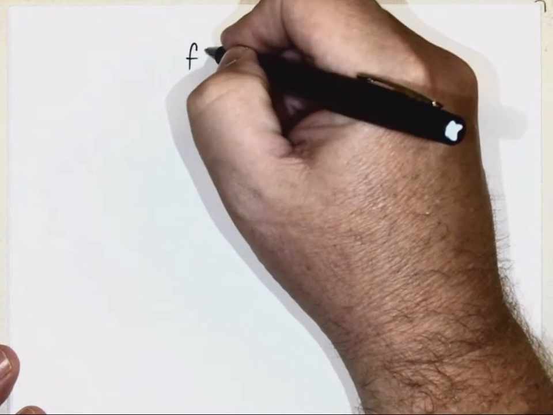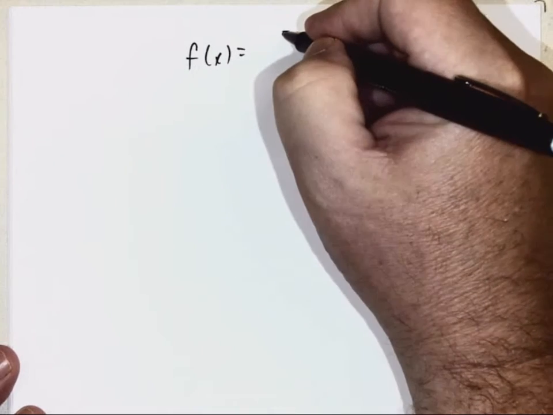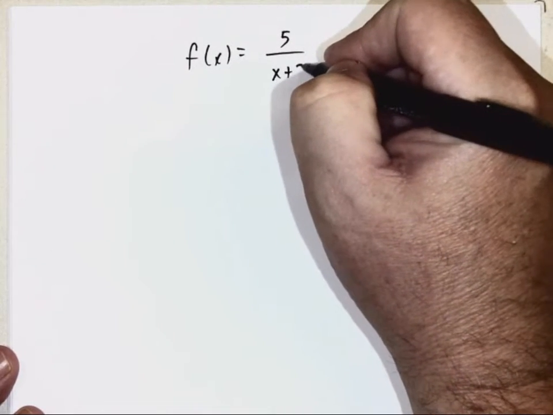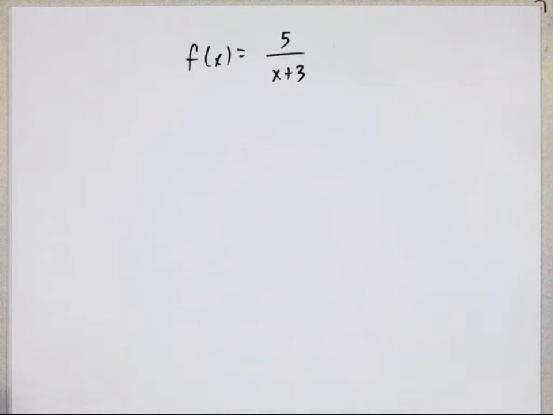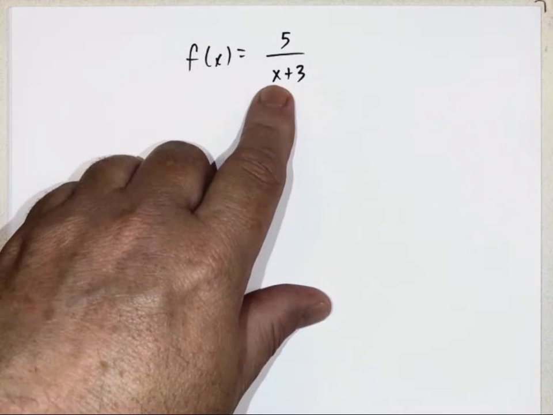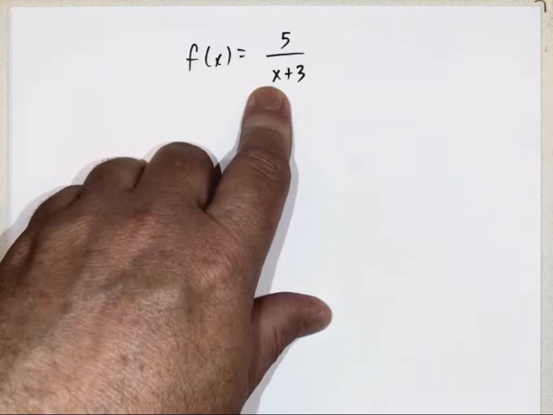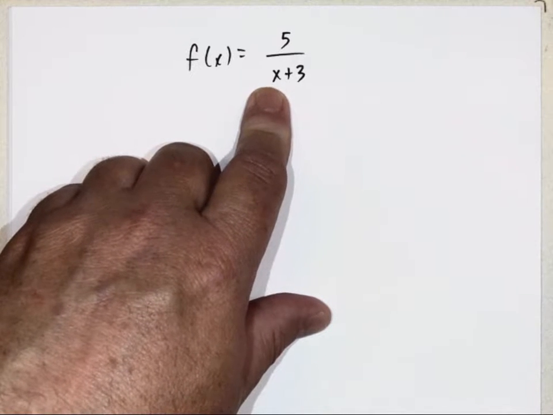In other words, say you were given this function. What I suggest you do is whenever you're given a function, you initially assume the domain is all real numbers, and then the only thing that's going to change that, the two exceptions, are if you have a variable under a square root, which we don't have, but the second exception is if you have a variable in the denominator of a fraction, which we do have.